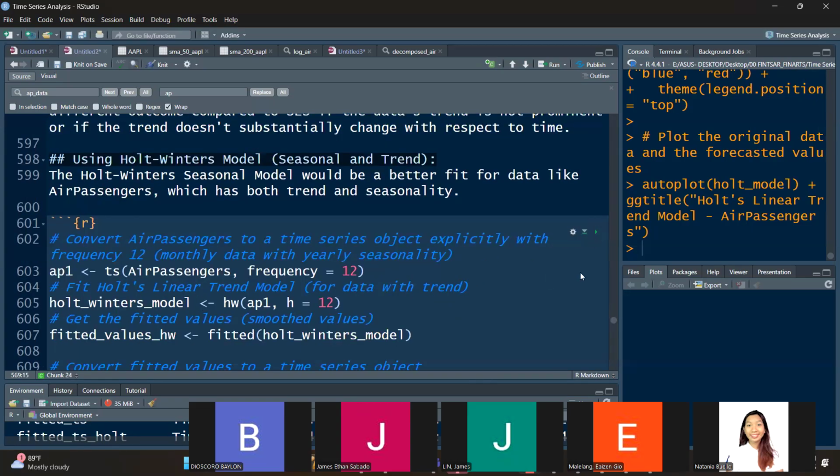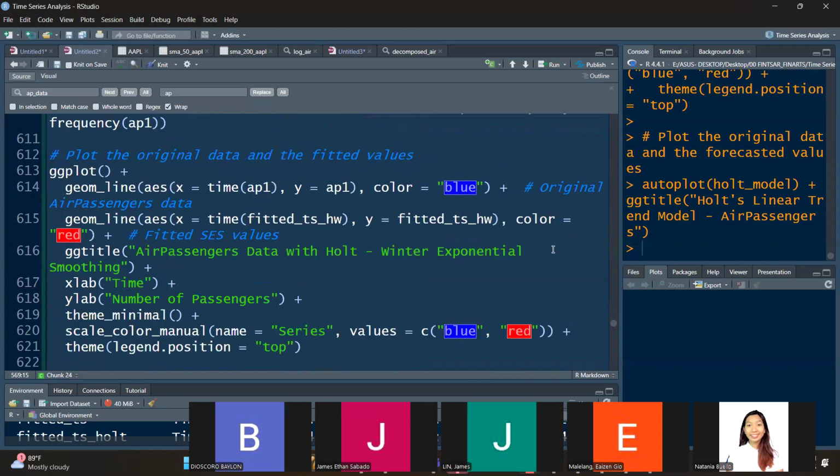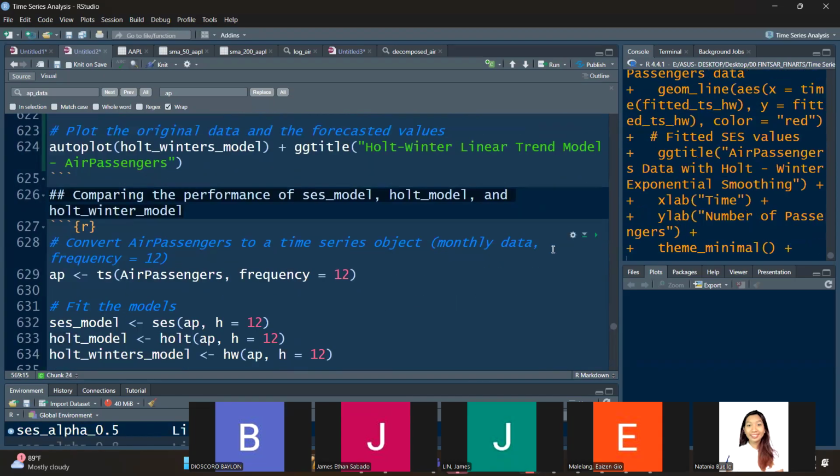So let's run this. Of course, class, if you need to go, please. Anyway, this is recorded. All right, and there's the plot here.